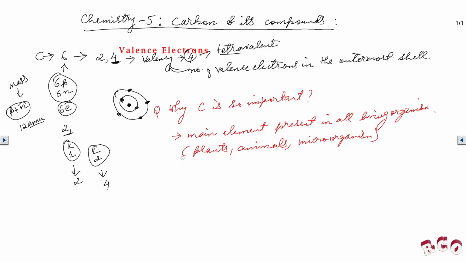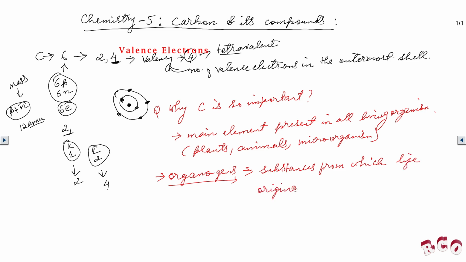That is why carbon is also called an organogen. What are organogens? Organogens are those substances from which life originates. Originates means starts.